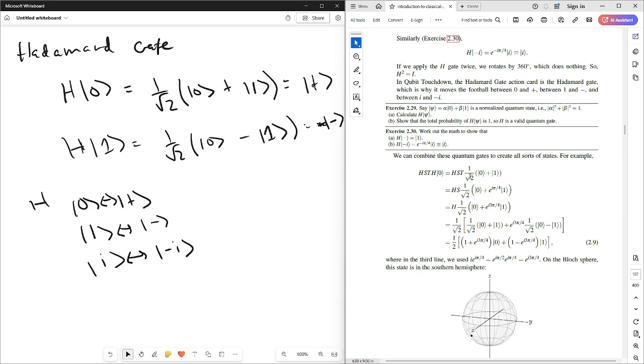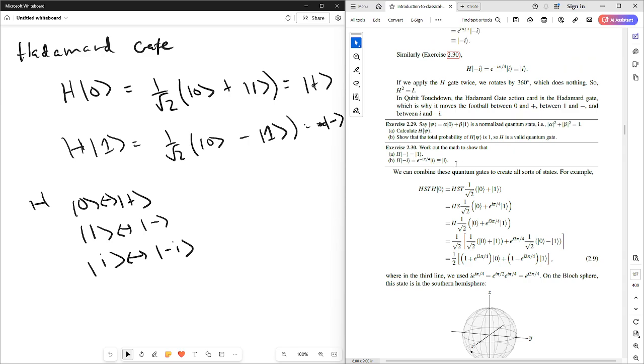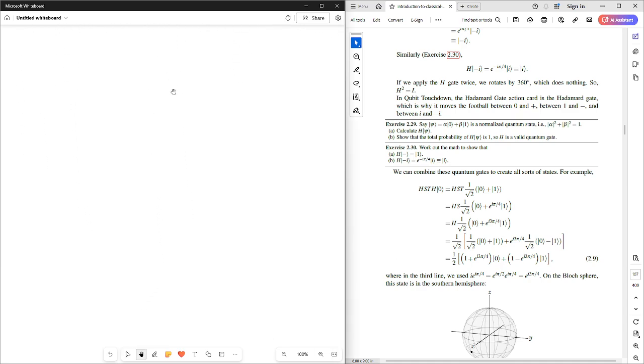Okay, let's take a look at 2.29 in the textbook real quick, just to practice applying a Hadamard gate to an arbitrary psi. So we have psi equal to alpha 0 plus beta 1. We're going to apply a Hadamard gate to psi.